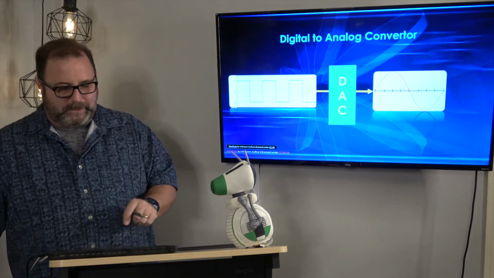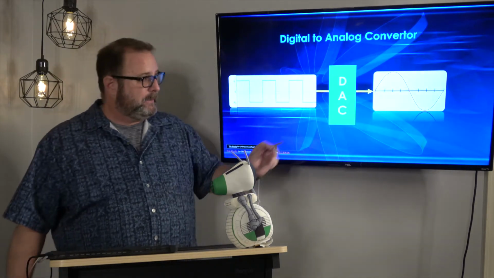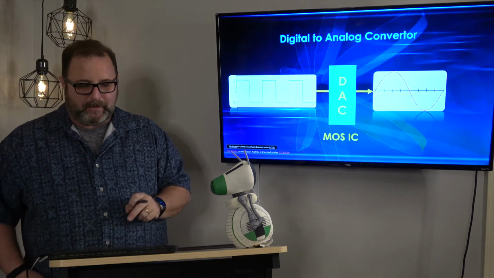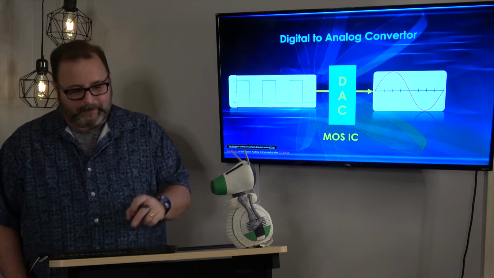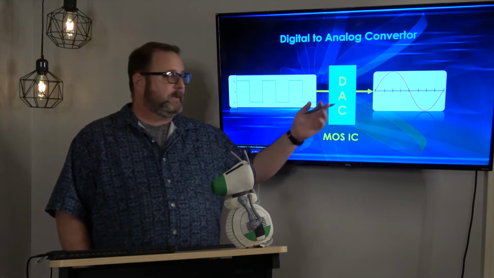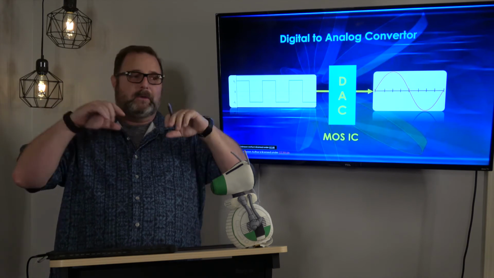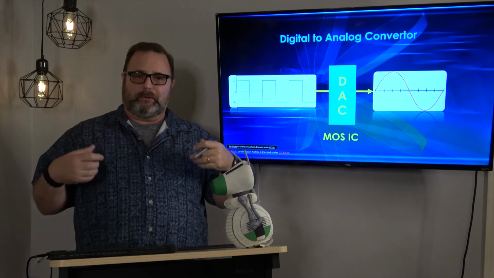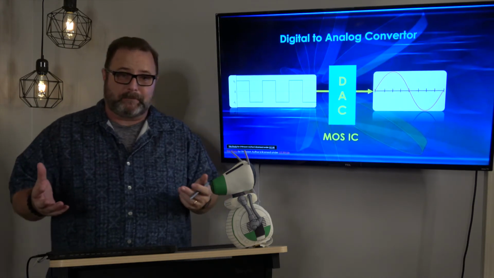So it's going to recreate as best it can, and it's got limitations on frequency and things as well. And it is also a metal oxide semiconductor integrated circuit, and it's going to convert it back to that signal so that the speakers, whether it's in your earbuds, in the back of your television, your sound bar, whatever it is, those speakers can recreate the analog sound so you can hear it.